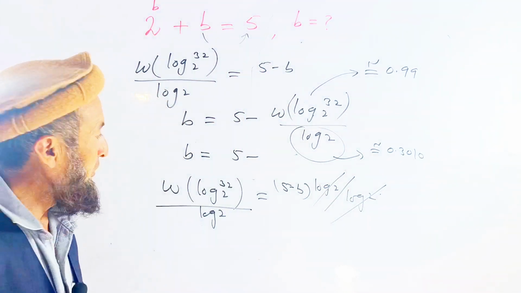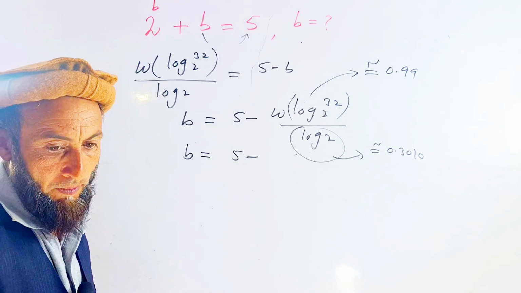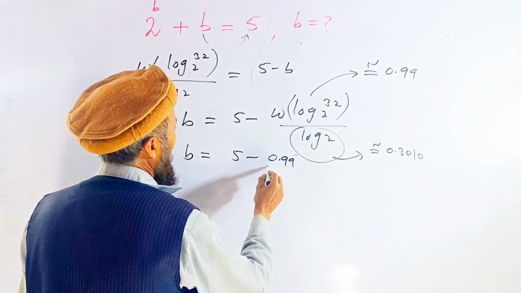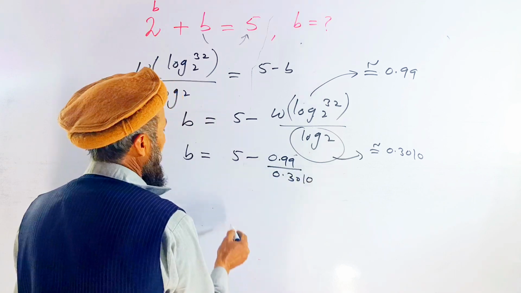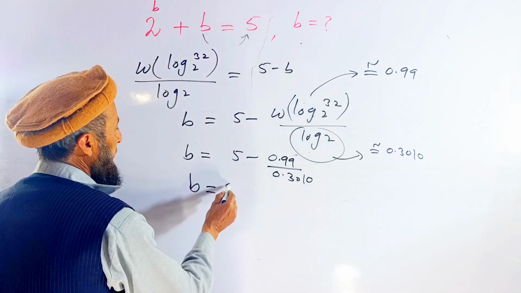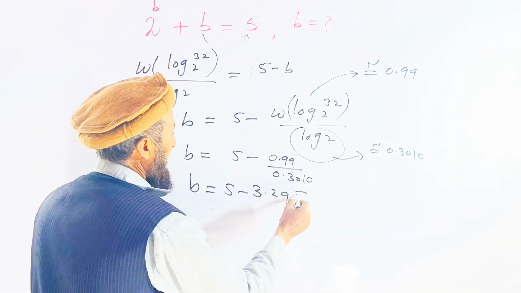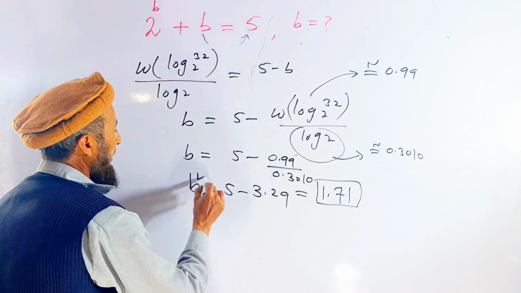So we substitute these results. b is equal to 5 minus, if we subtract, we get 1.71 as the required value of b.